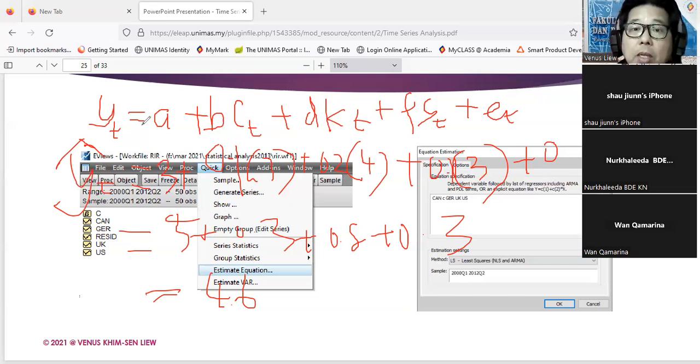Of course, we assume there is a relationship. We have to test for co-integration, that they will move at the same time. When the US increases the interest rate, the UK will also increase, but by how much?